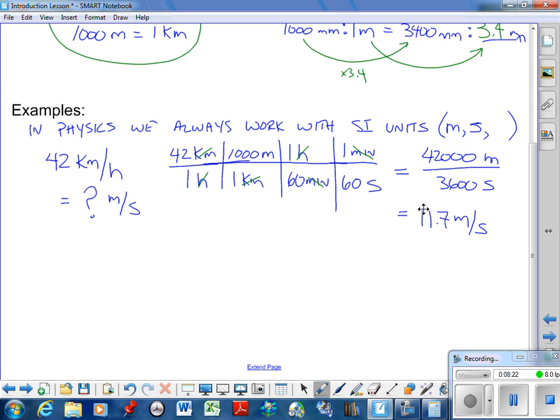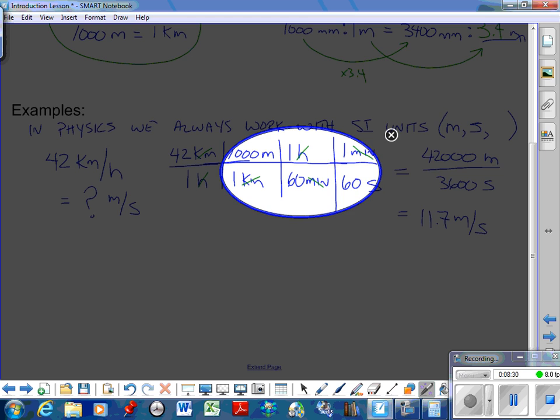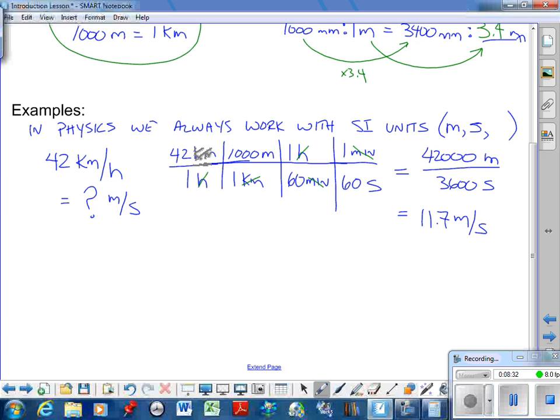Let's leave the 42 for a second, and let's just look at the end segment here. If I take a look at that end segment, I ended up with 1,000 on top divided by 3,600. If I reduce that fraction, I get 10 over 36, and if you take it one step further, I would get 1 over 3.6.